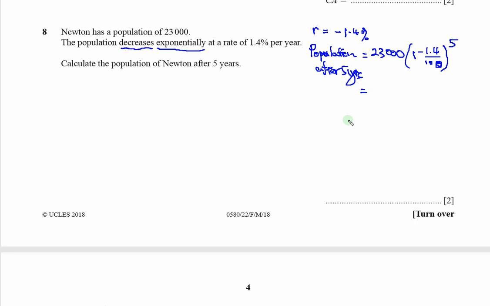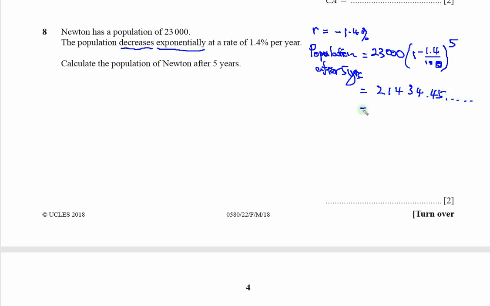So the answer using the calculator is 21434.45, non-terminating.